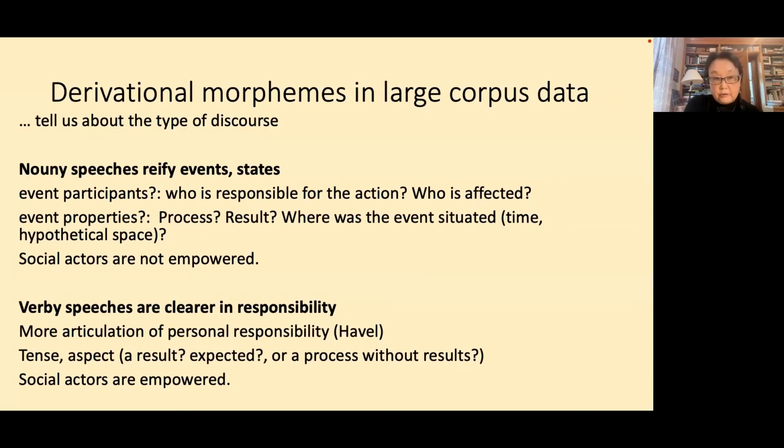Verby speeches are clearer about who is responsible. There's more articulation of personal responsibility. There's tense and aspect. Is it represented as a result? Was it unexpected or expected? Was it a process without results, where people were trying to do something but didn't manage to bring any results?